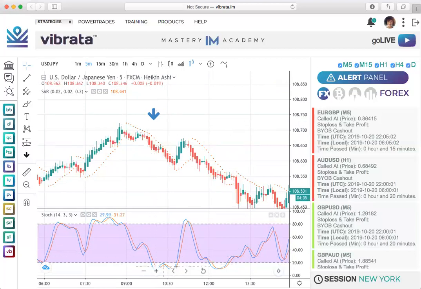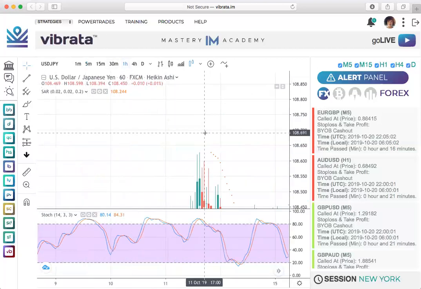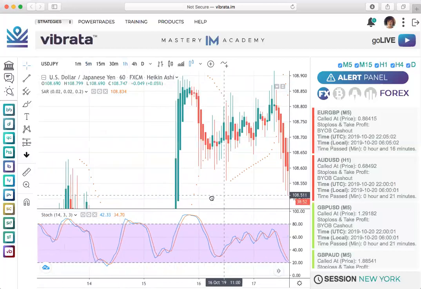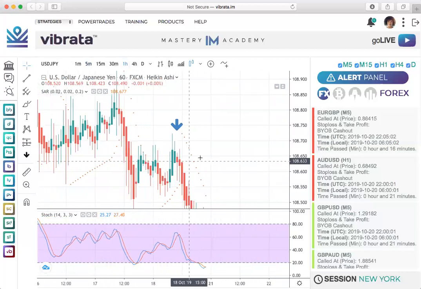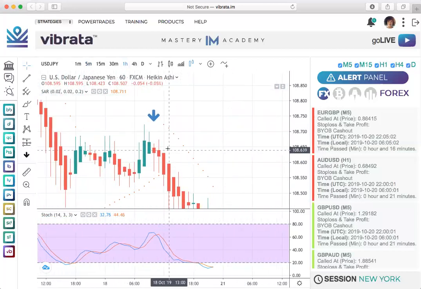Because remember, you don't see any of this first. So when this aligns, my stochastic is still in a downward momentum. I have a red candle and I have my PSAR flip. Then I want to go to the hour time frame. When I go to the hour time frame, what I'm looking for is the swing of the market. What that swing is showing me is that this has actually begun to swing into a sell.